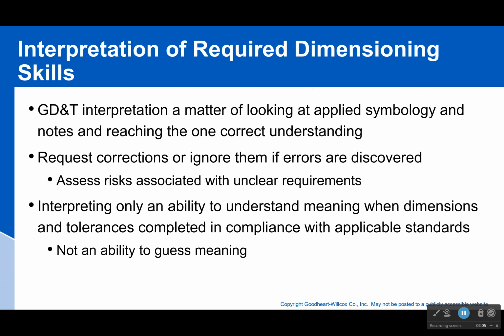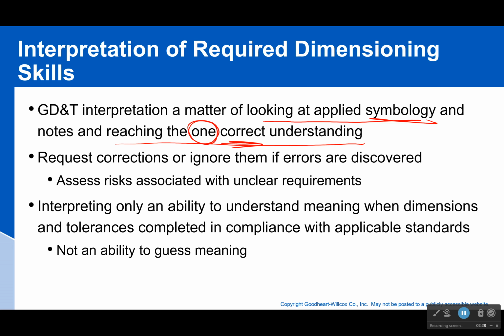Now, GD&T interpretation is a matter of looking at the applied symbology and reaching the one correct understanding. Here's the very important thing, the most important word: one. One correct understanding. There should be one way and only one way to actually read your drawing.